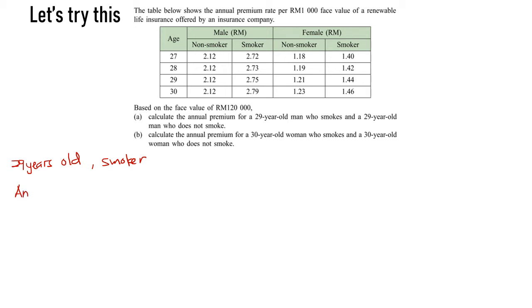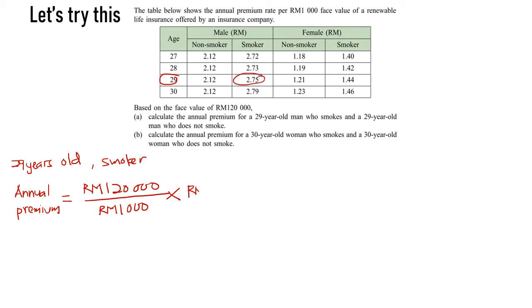So the annual premium will be equal to 120,000 ringgit Malaysia over 1,000 ringgit Malaysia multiply with the rate. 29 years old, a man who smokes, so this is the rate: 2 ringgit 75 cent.